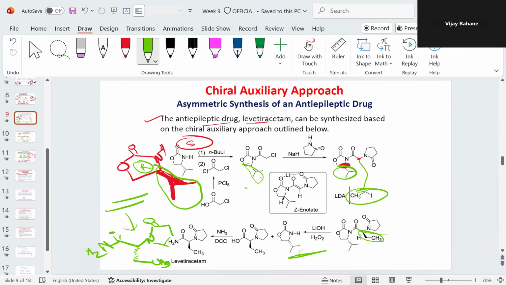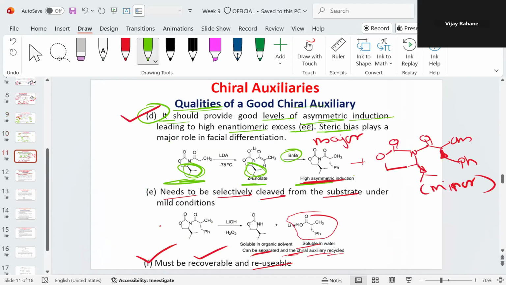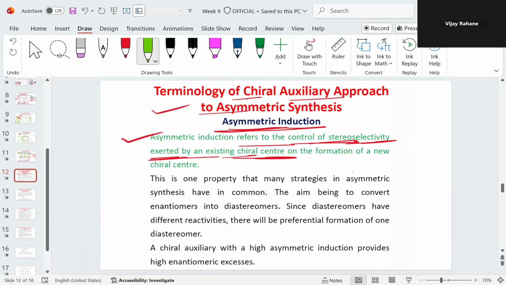Due to the existing chiral center, stereoselectivity has been formed across this center. So in this case, you can see there will be selective ethyl group addition, which is mainly because of the stereochemistry present in the center in the auxiliary part. So that's what is mentioned in this statement, and that's basically about asymmetric induction.